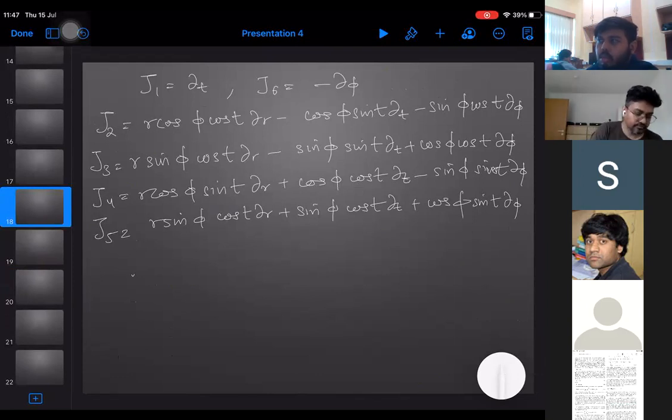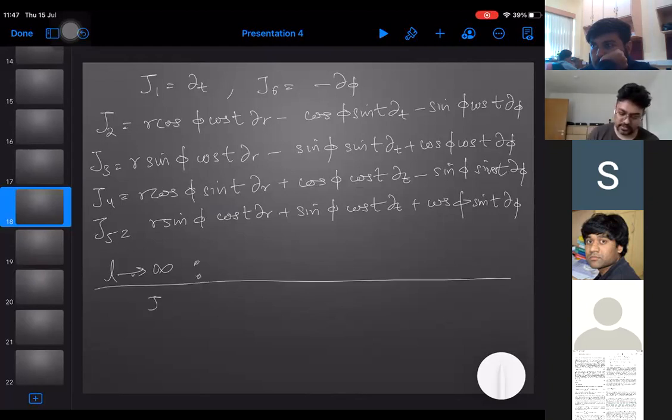Now, doing the next step, take L tends to infinity at large but finite R. That gives the generators near the boundary, and those become as this. So your first two again remain the same, but here this changes.